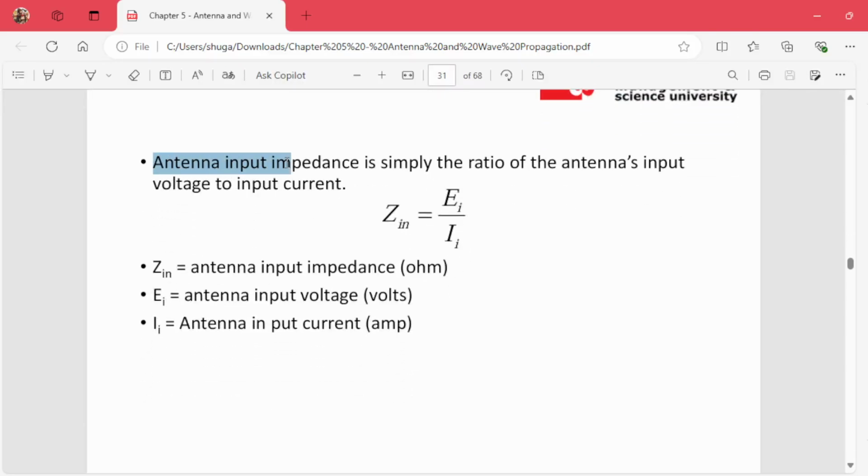Antenna input impedance is simply the ratio of the antenna's input voltage to the input current, represented by this equation, where Zin is the antenna input impedance in ohms, V is the antenna input voltage, and I is the antenna input current.